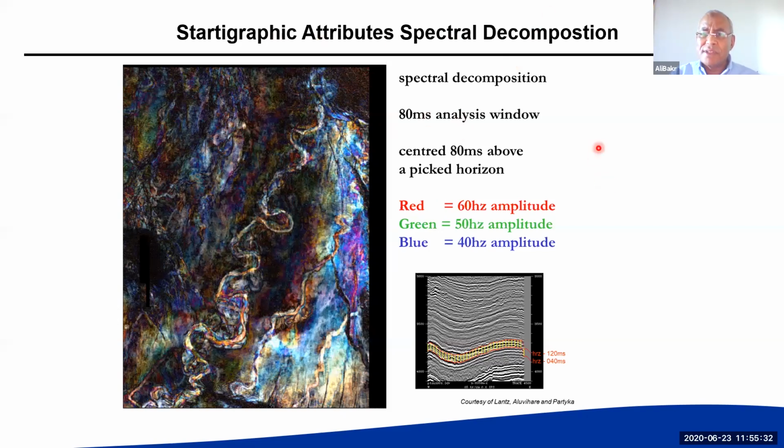Very fast, what does spectral decomposition mean? It means that I decompose the signal around my target into single frequencies. Say I have many frequencies in my target, from 5 hertz up to 60, 70, 80 hertz. So I decompose this interval into volumes of different single frequencies.